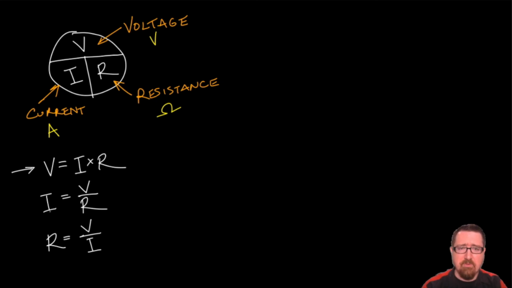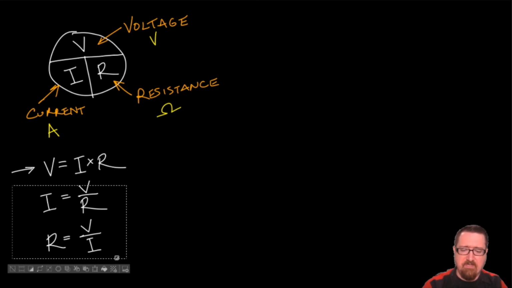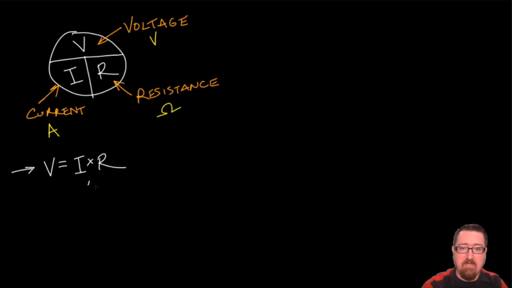Let's go ahead and talk about what exactly V, I, and R are, and how that relates in our circuitry. In order to understand this, I'm going to draw something you might already be familiar with, a water tower. Every city's got a water tower.